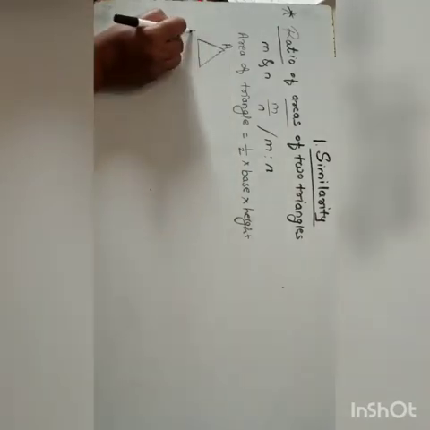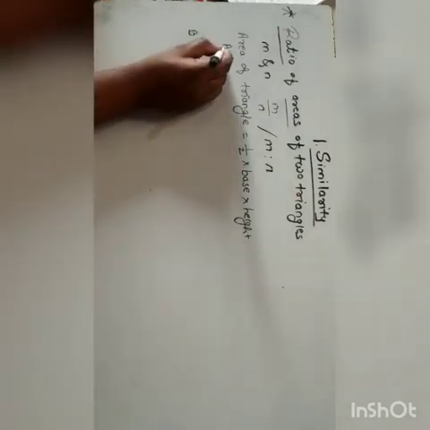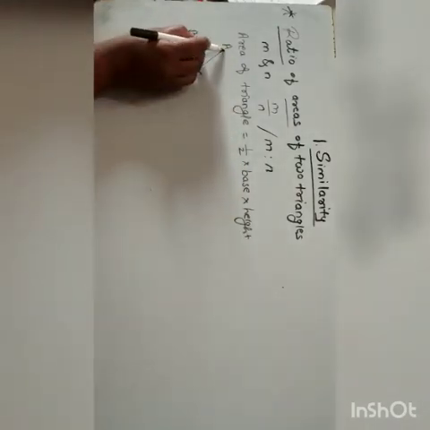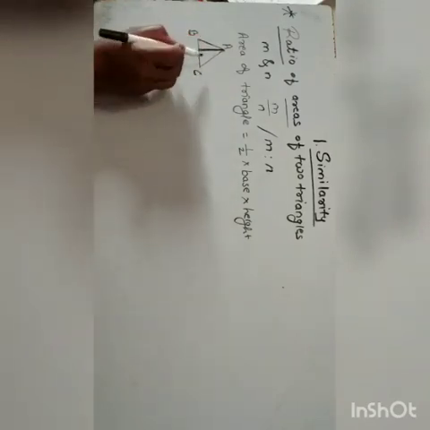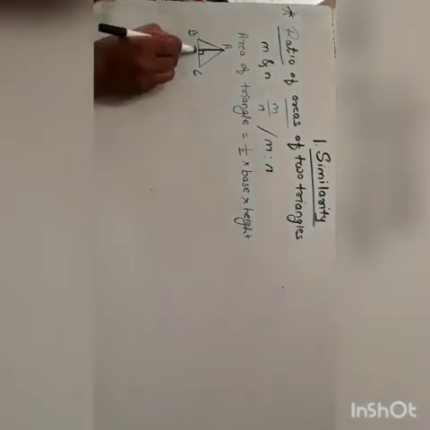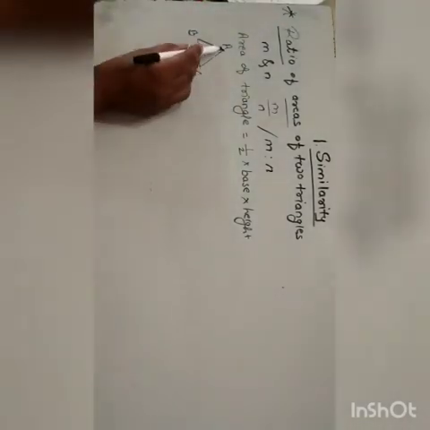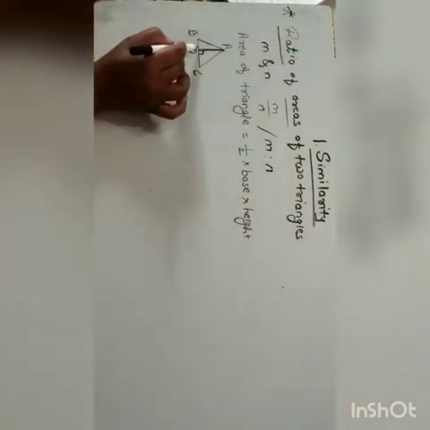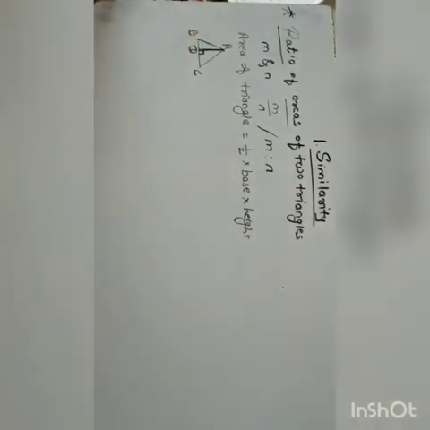Inside triangle ABC, if we draw the perpendicular from vertex A to BC, then AD is the height and base is BC. That is the main point.